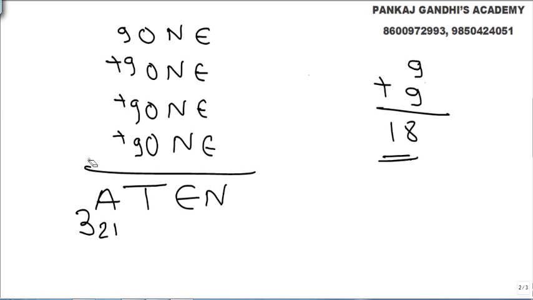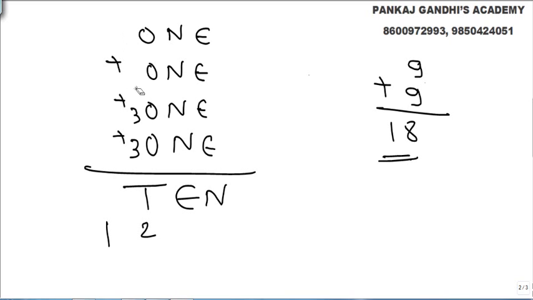But there is no A given here. So now, what we know is, if O is 3 or more than 3, 3, 3, 3, 3 will get 12 and a carry forward.